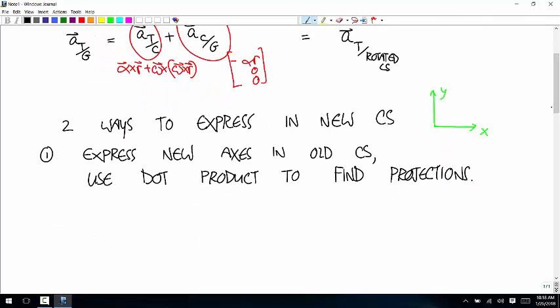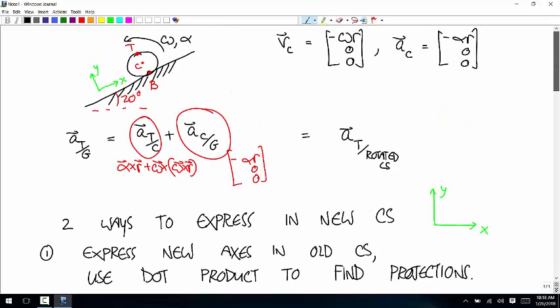Okay, so the new x-axis, if we want to express this vector, that x-axis is just a unit vector, and we want to express that unit vector in this coordinate system. That's going to be cosine of 20, sine of negative 20, or cosine and sine of negative 20.